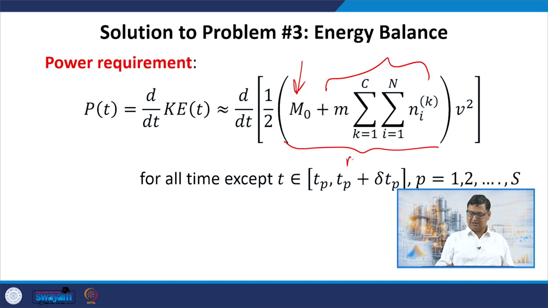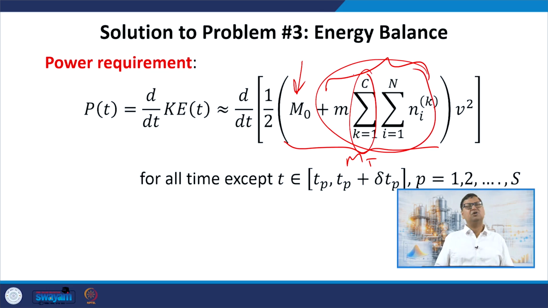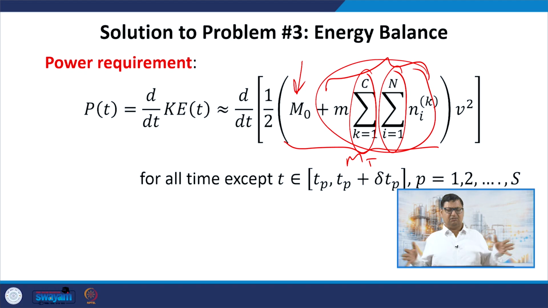Total mass into v square by 2 gives me total kinetic energy, and how the kinetic energy changes with time gives me the power, right? And the total mass of the people is found by summing the number of people in compartment I of a particular type K. So, I am summing over all the types of people and all the compartments, right? So, we can write the energy balance and mass balance for the train.